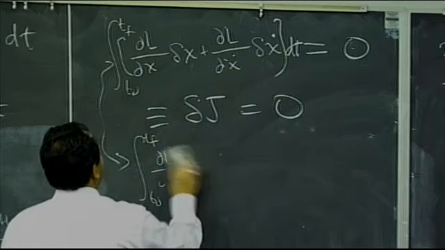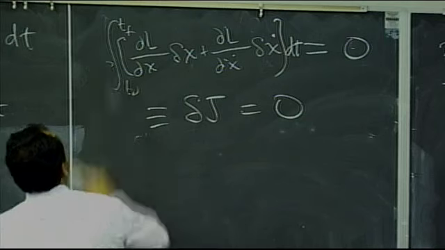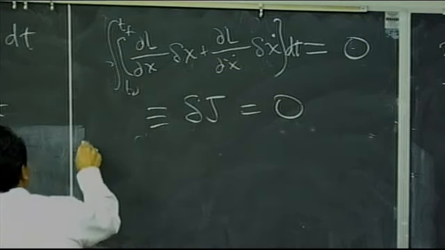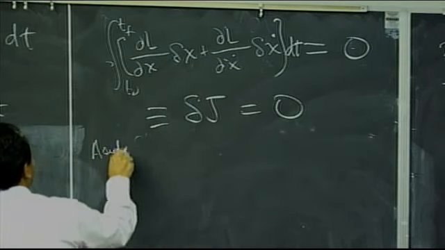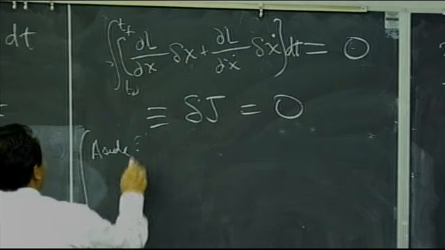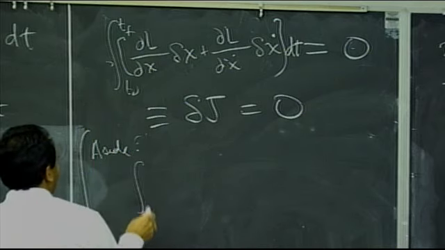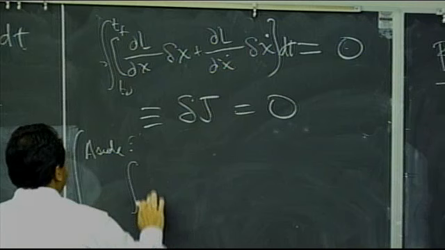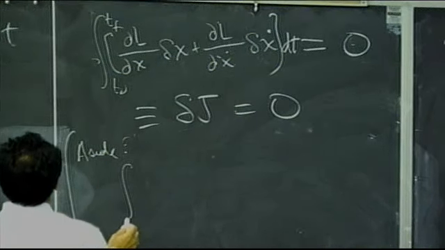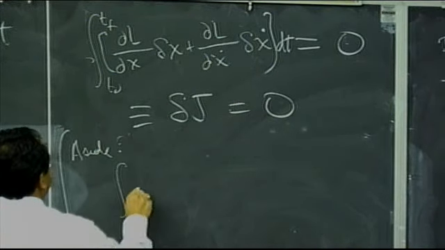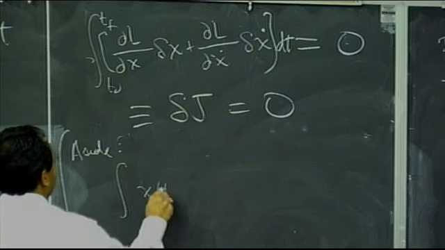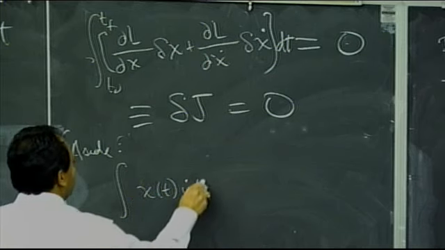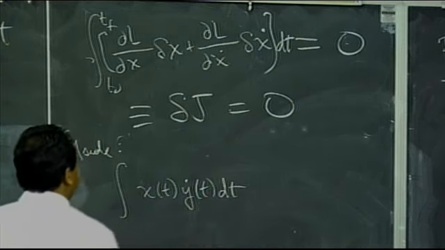Let's do it in 2 steps if you haven't seen it before. What about this? Have you ever seen this before? This is an aside. So here's my aside. What is the integral of x of t, y dot of t, dt?